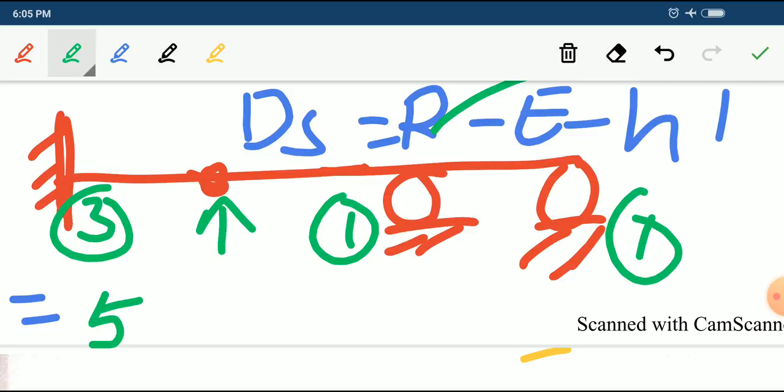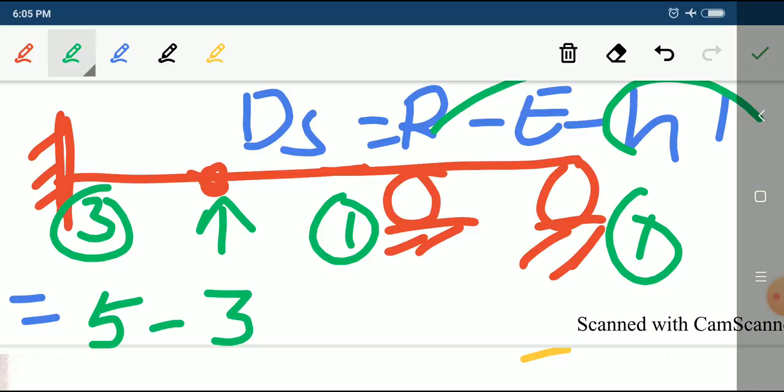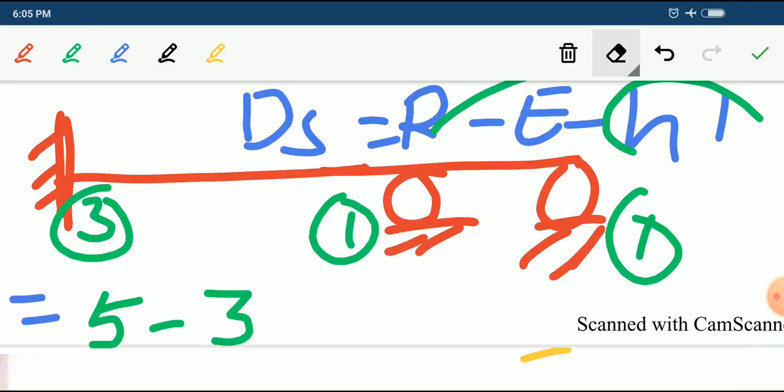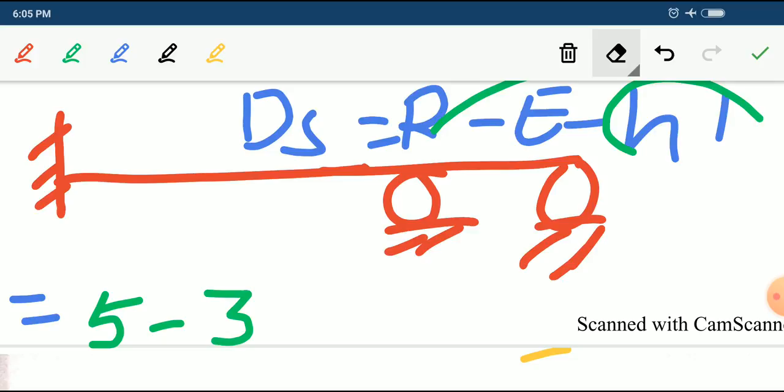For this one, 5. The number of static equilibrium equations will be equal to 3. What about internal hinge in this beam? Yes, we are seeing an internal hinge is there. It is given here. The internal hinge is connected with 2 members, 1 and 2.